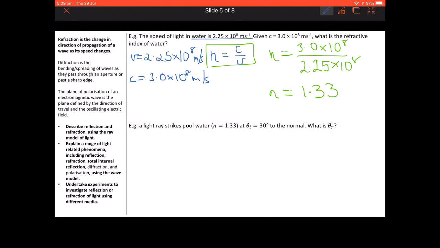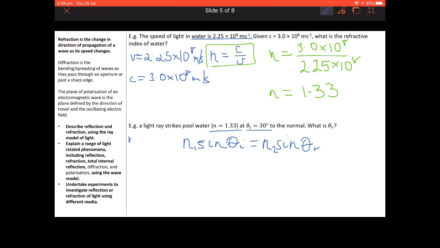Another example, a light ray strikes pool water with a refractive index of 1.33 at an incident angle of 30 degrees to the normal. What is the angle of refraction? So for this one we use Snell's law, so that's N1 sine of the incident angle is equal to N2 sine of the refracted angle.